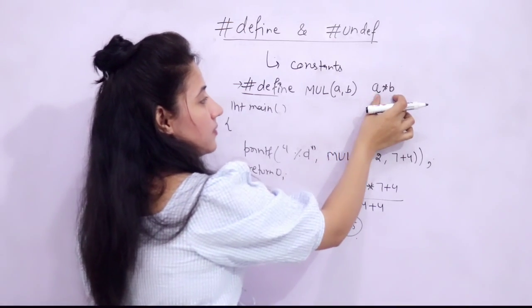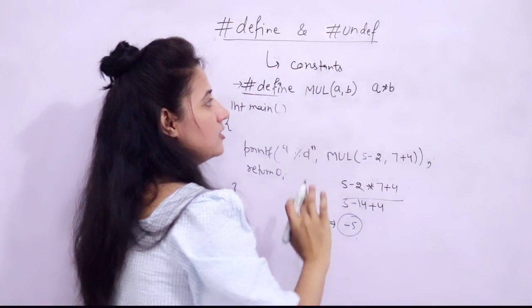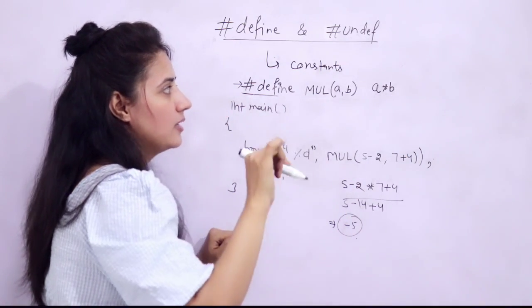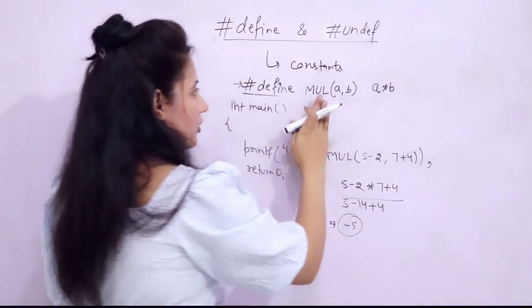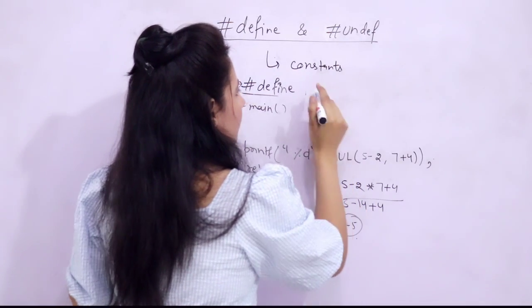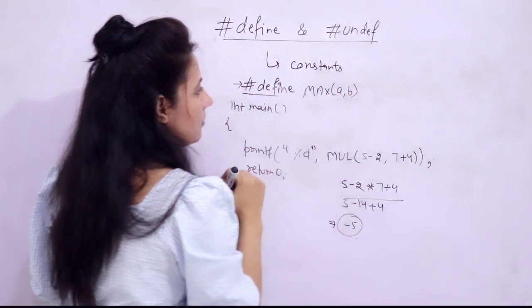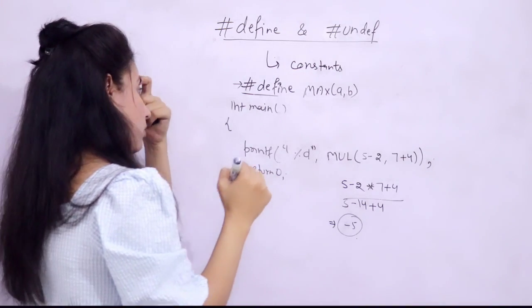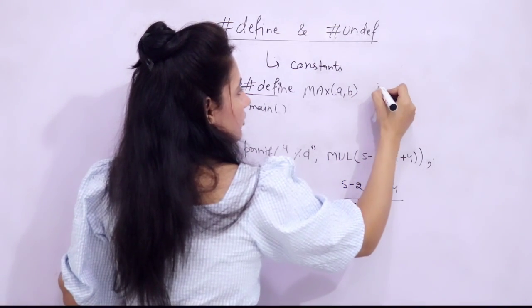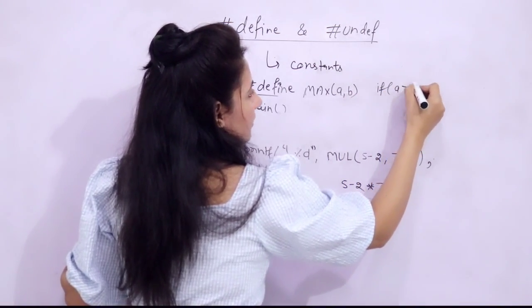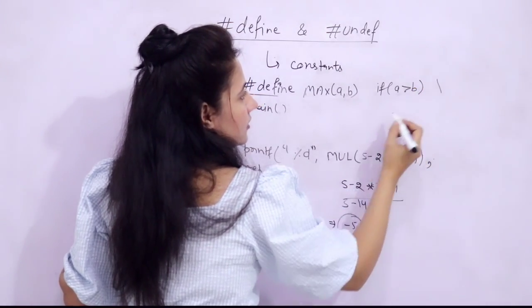Now rather than this, you can also write multiple lines, but you have to use that slash. Like suppose I am writing here maximum of A and B, right? Now here we will check if A greater than B, just a slash.